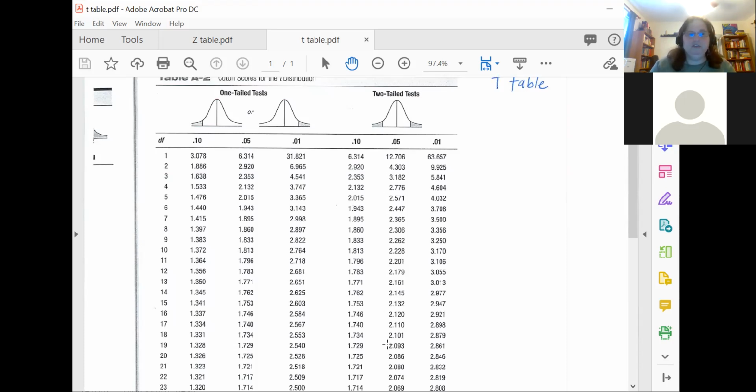Again, our DF is 10 plus 12 minus 2, 20. This time my number to beat is 2.093. This time I can be either higher than 2.093 or lower than negative 2.093. Notice here, when they show the one-tailed, you have to be all in one tail. Here you can be in either tail. Okay, I hope that helps a little bit.